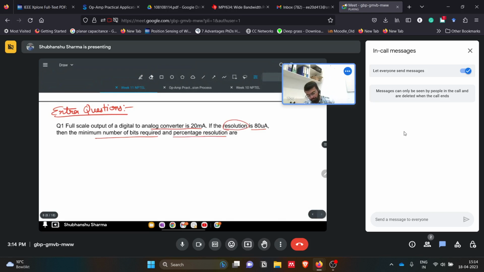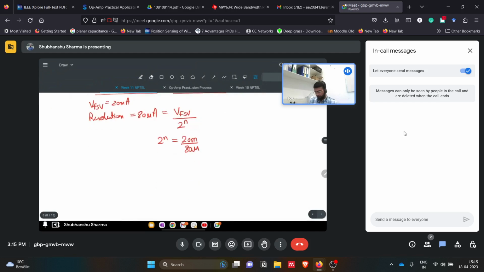Okay, so we have this digital to analog converter that is 20 milliampere. So we have the full scale value, and we have a resolution of 80 microampere, which is given by the formula VFSV divided by 2 to the power n. So we have 2 to the power n equals 20 milli by 80 micro.